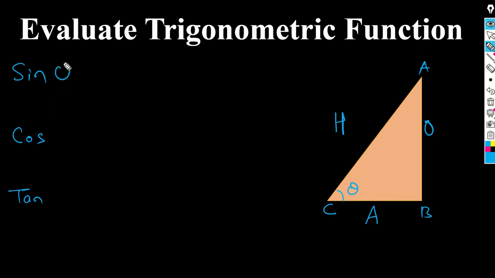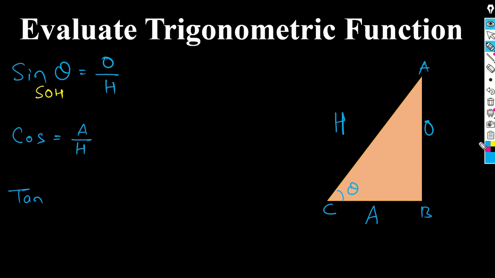Now, sine theta is given by opposite over hypotenuse. The shortcut for this is SOH: sine equals opposite over hypotenuse. Next we have cos equals adjacent over hypotenuse.